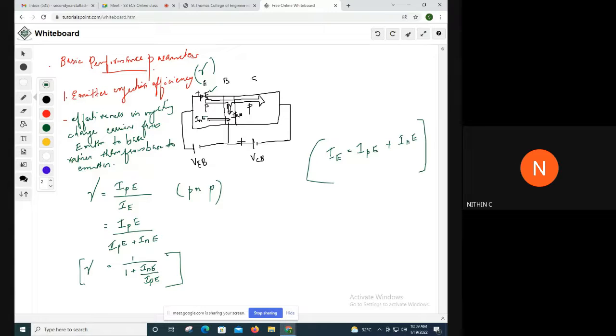If we need to increase the emitter injection efficiency, which means increasing the injection of carriers from here to there, looking at this expression, which term should increase or decrease? In order to increase emitter injection efficiency gamma, what should we do to the rest of the terms, to this ratio? That's the question.